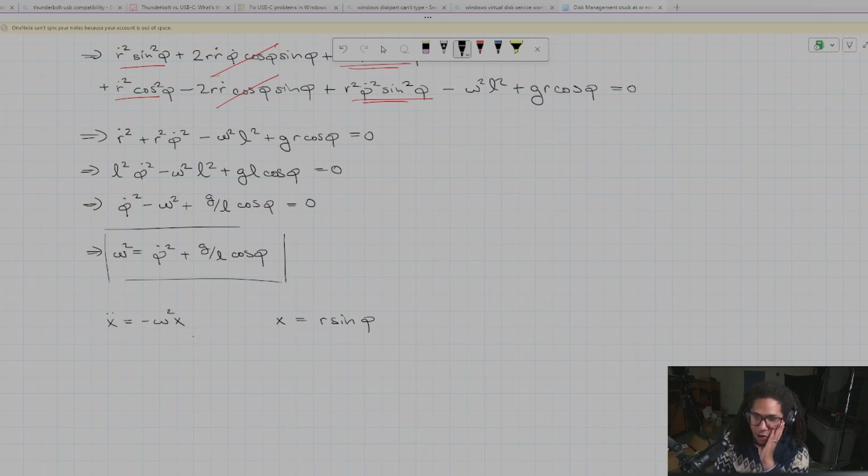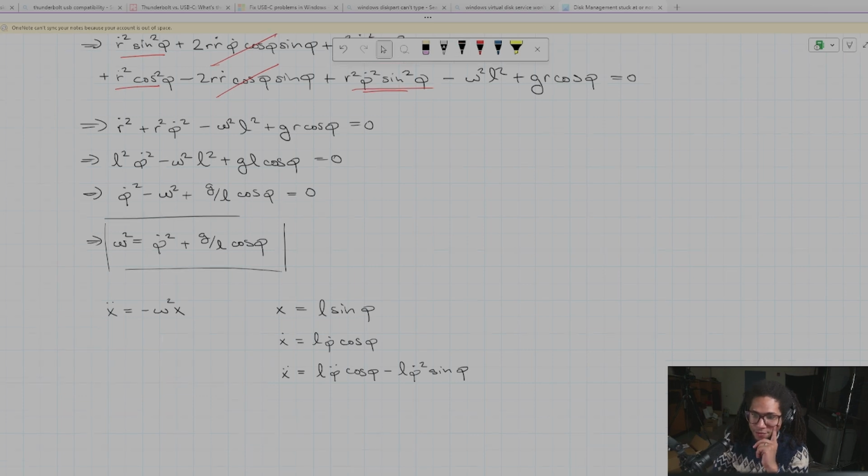Here, however, I know that r, again, is going to be just L. So that means it's going to be pretty easy to take my time derivatives now that I've figured that out. Okay, x dot is just going to be what? L phi dot times cos phi, and x double dot is going to be equal to L times phi double dot times cos phi minus L phi dot squared times sine phi.